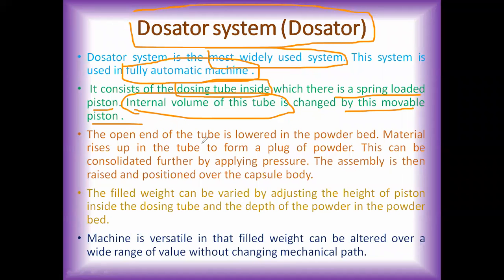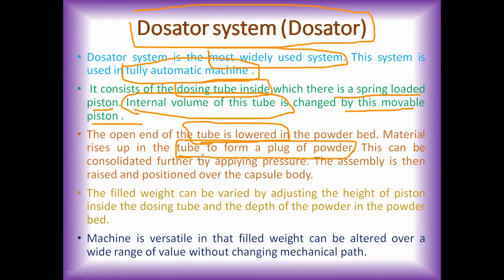The open end of the tube is lowered into the powder bed. The material rises up into the tube to form a plug of powder. Now try to understand over here what we are going to form, a plug of powder.